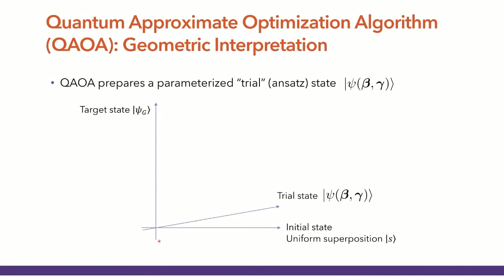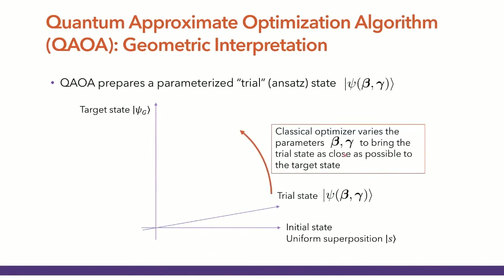At each point we plug in some parameters and get some different trial vector. We're trying to vary the parameters beta, gamma to bring this trial state as close as possible to the target state, which may look familiar and resemble Grover's algorithm, which in a sense it is. It's a similar idea: you add a phase factor and then you do something to cancel out the phases.